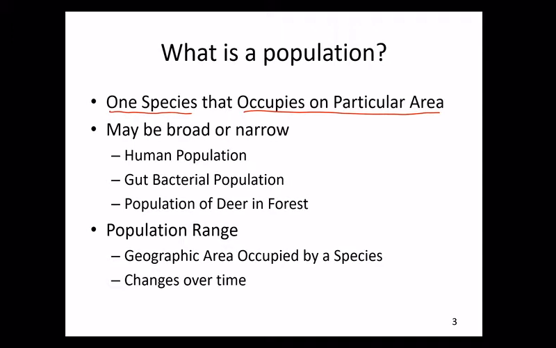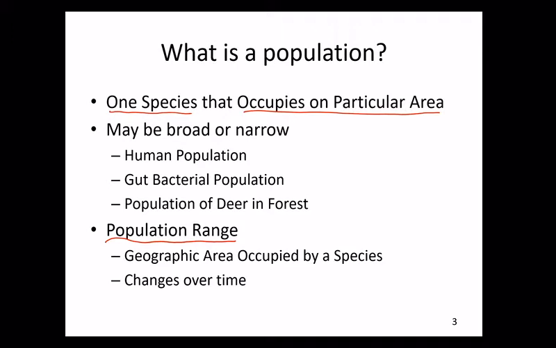This species, however, we can also consider as having a particular role in the environment, and we're going to talk a lot about that role or that particular function that the population has. The second part of this definition is occupies a particular area. As we'll see, we're going to refer to this as a population range.